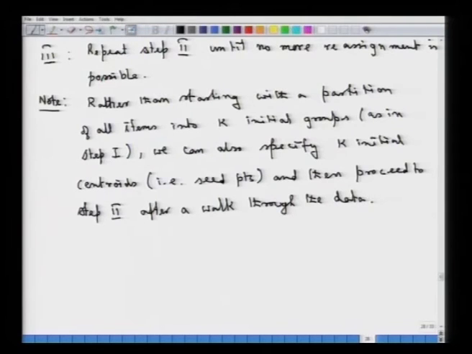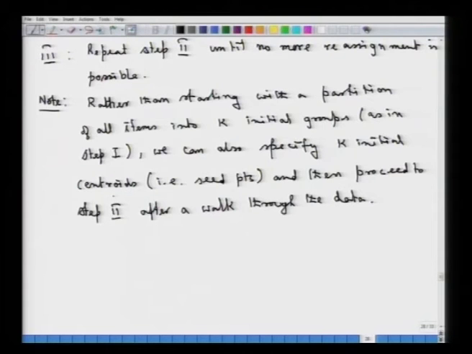Because once we have specified k such initial seed points, these may be k randomly chosen multidimensional items only, we have to look at all the data and at these initial centroids. How do these centroids behave as far as the data is concerned?